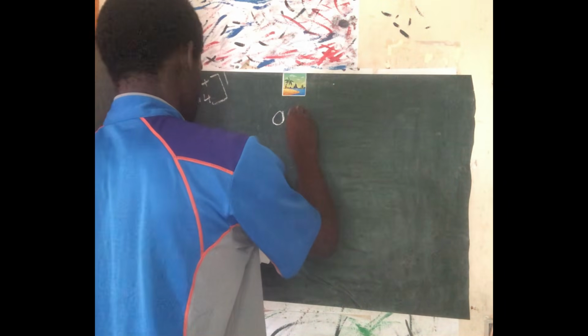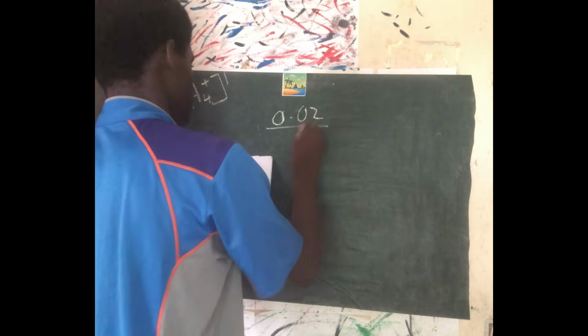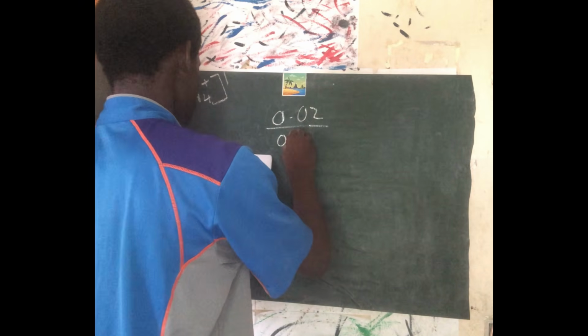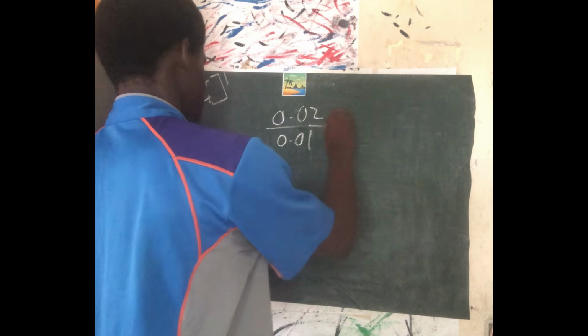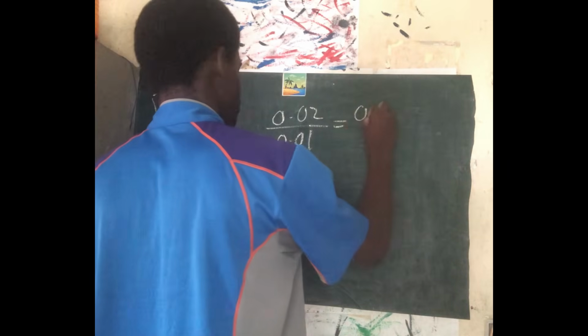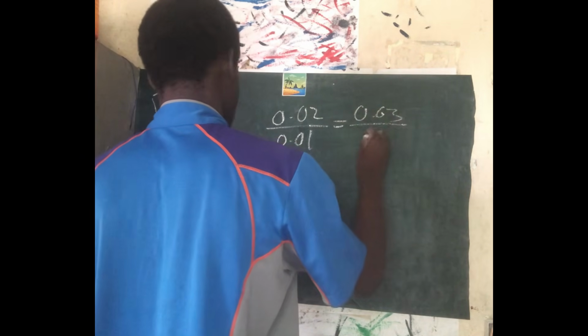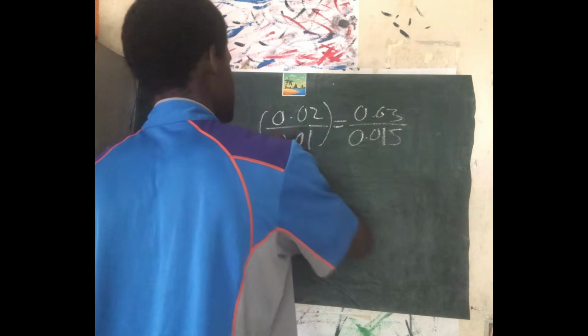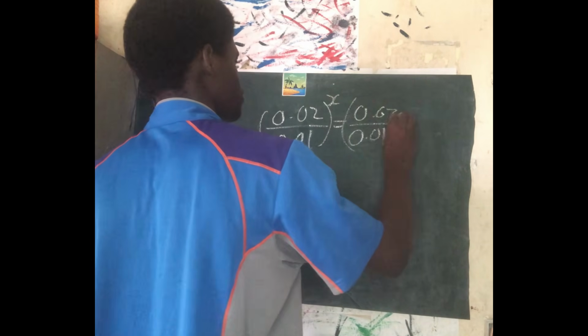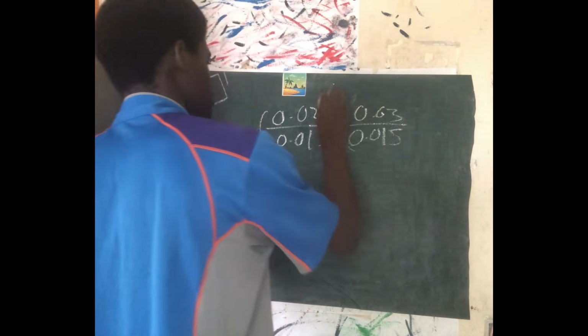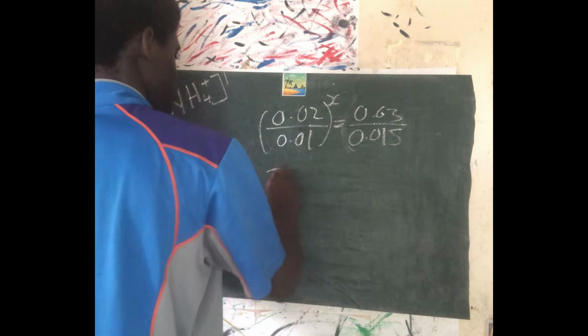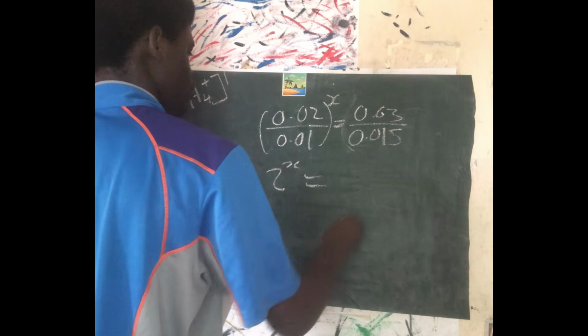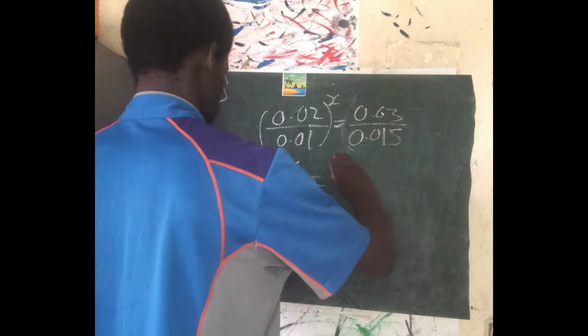That's 0.02 over 0.01 equal to 0.03 over 0.015. The NH4 plus concentration is unchanged, so it has no effect. This one is just 2 raised to x is equal to 2.